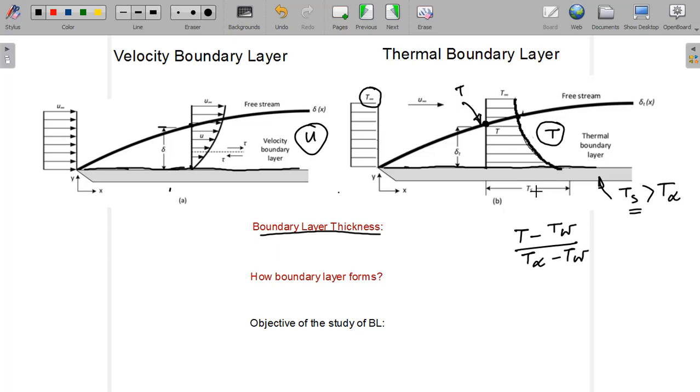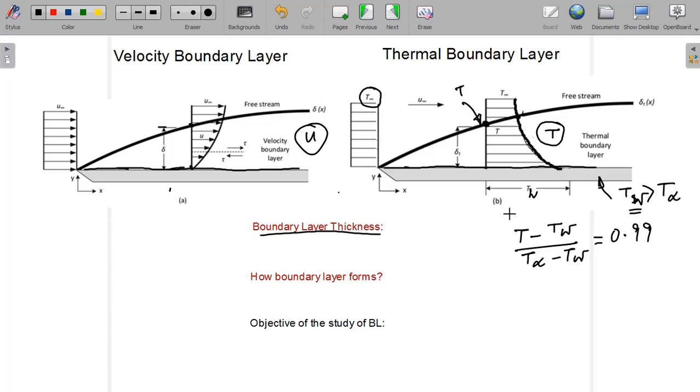T wall is here given the name Ts, so you can also write Ts; I am writing T wall. So (T minus T wall) divided by (T infinity minus T wall) is equal to 0.99. That means this temperature difference will be 99% of the temperature difference between the free stream and the hot plate temperature.